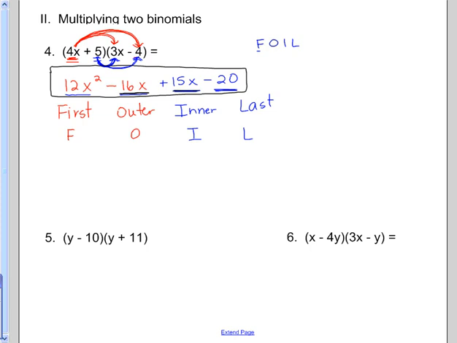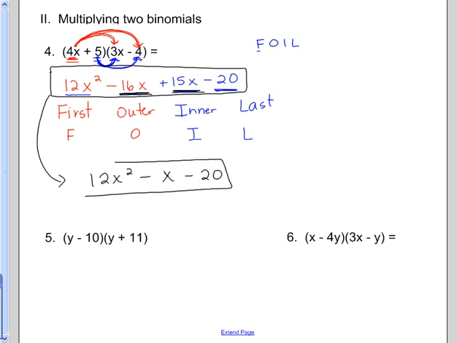So my answer would be 12x squared, a negative 16x and a positive 15x, which would be a negative 1x, and negative 20. This would be my final answer. Now, most of the time, not every time, your answer will be a trinomial, typically.